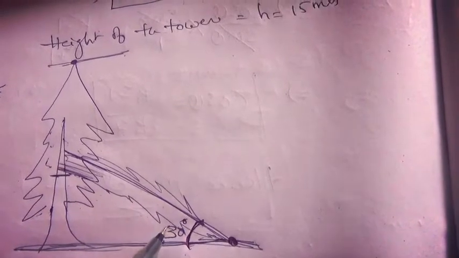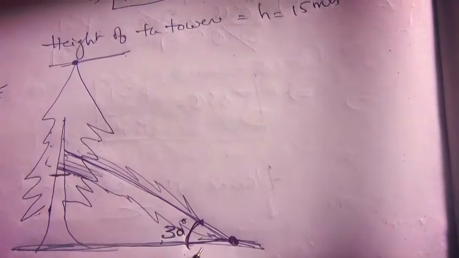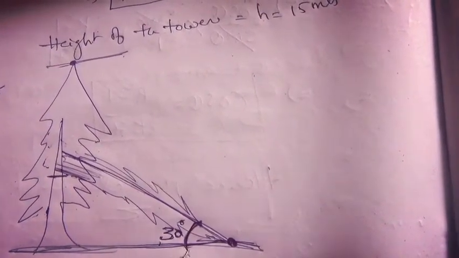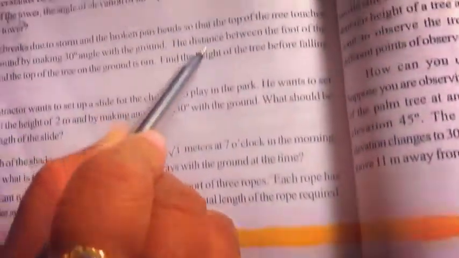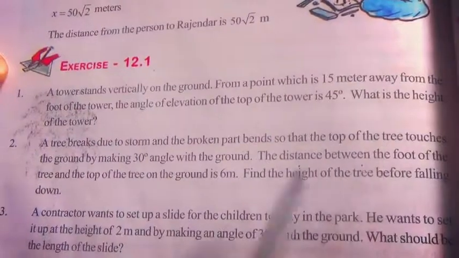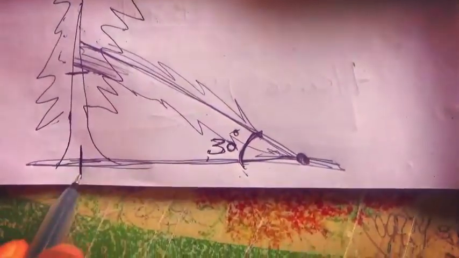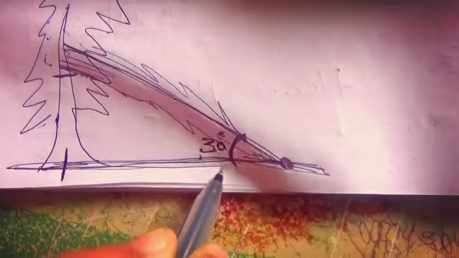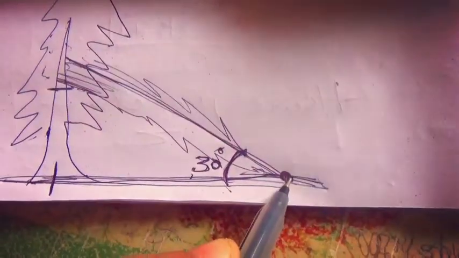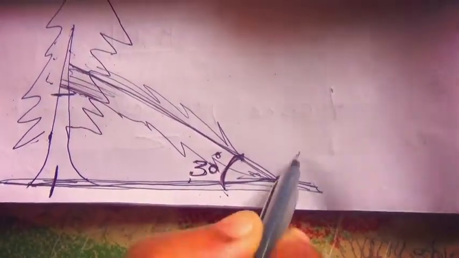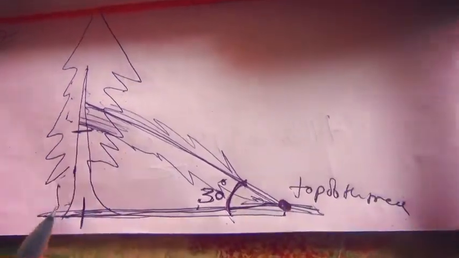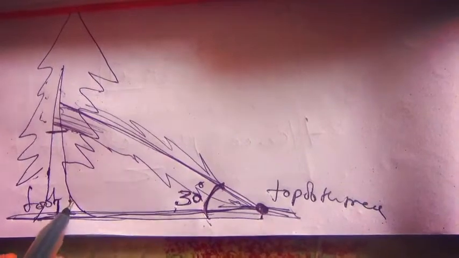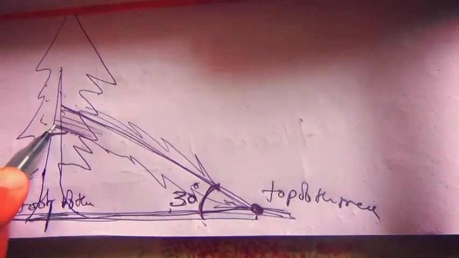So here we have to find out the distance between the foot of the tree and the top of the tree. This is the foot of the tree, and here is the top of the tree. Due to the storm, the tree was broken.